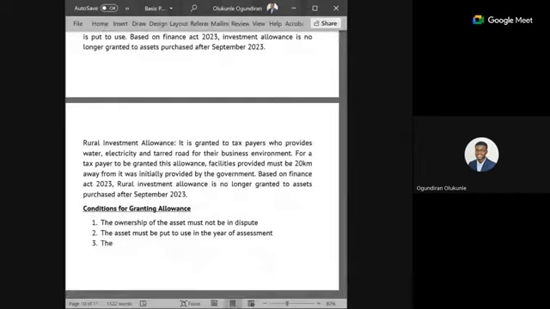So the assets must be used for the purpose of trade, right? For the purpose of trade. By trade I mean business.